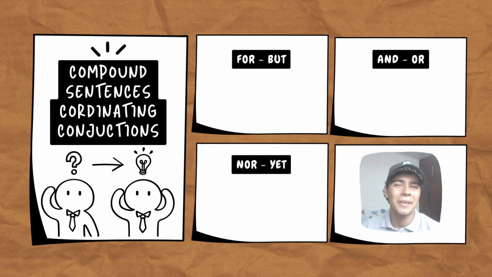Let's talk about the coordinating conjunctions, because I don't know if you already know what this is, but it is so simple. These are words that help us to connect sentences to give a better idea, a better coherence about what we are talking about in a sentence. So here we have for, that means para, but, pero, and it means y, nor, no, yet, that means aún, and so on.